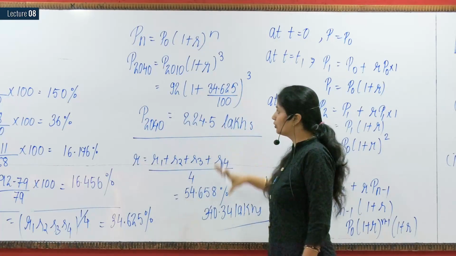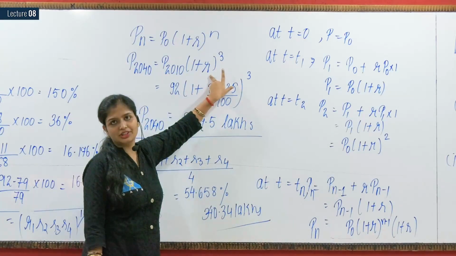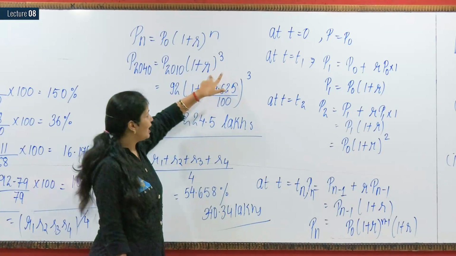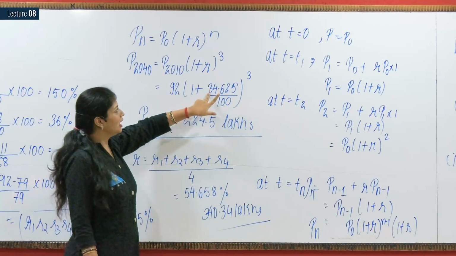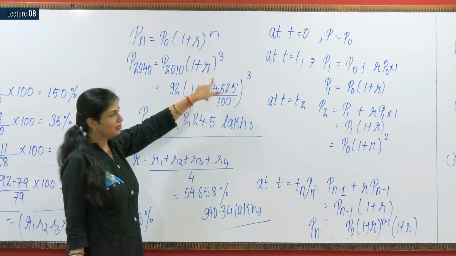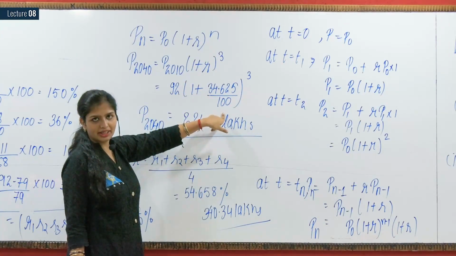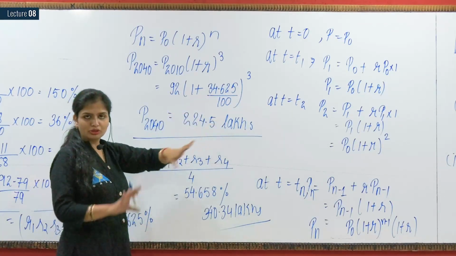So don't get confused. If I am writing 1 plus R, R is the rate of growth as a fraction, and if I write 1 plus R by 100, then I will be putting R in percentage. Similarly, I have divided this percentage by 100 and calculated it. So there is no issue.